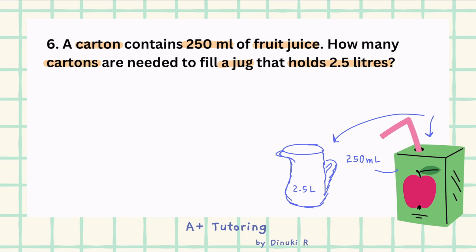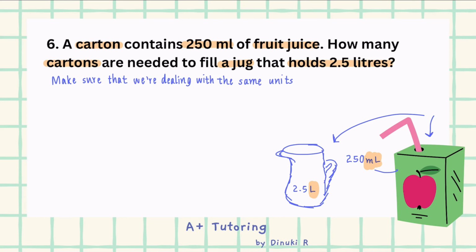Okay. The first thing I want you to notice there is that we're dealing with different units. So we're dealing with mils and liters. To make our life easier, we need to make sure that we're dealing with the same units, right?